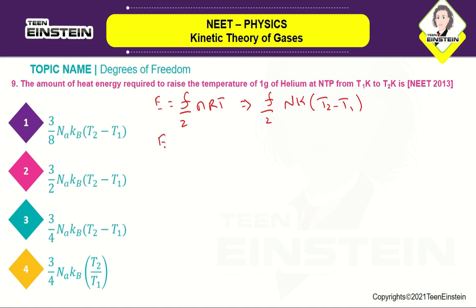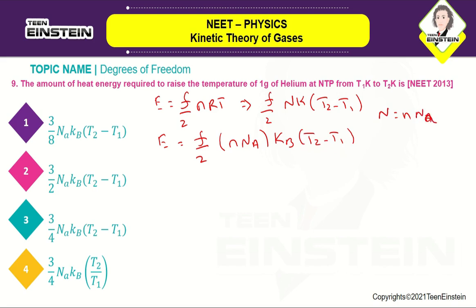So E is equal to F by 2 N into NA KB into T2 minus T1. So where n is equal to N into NA.